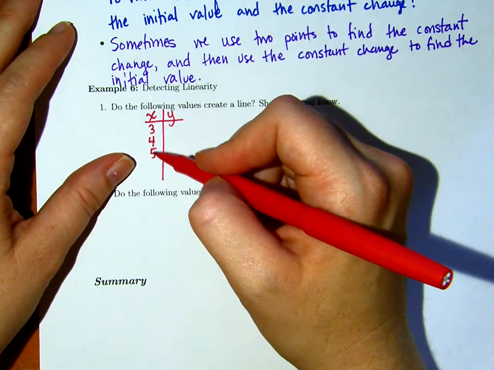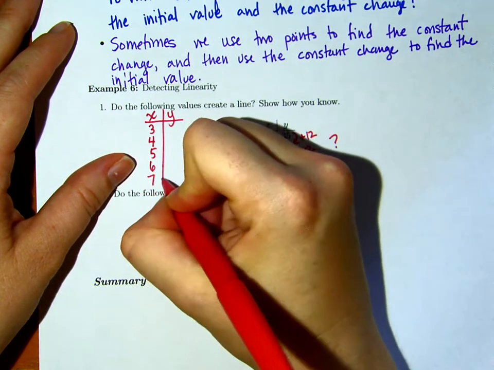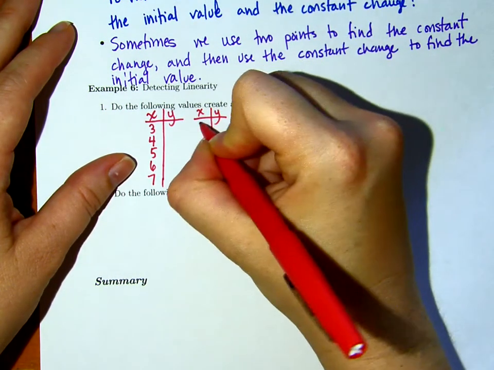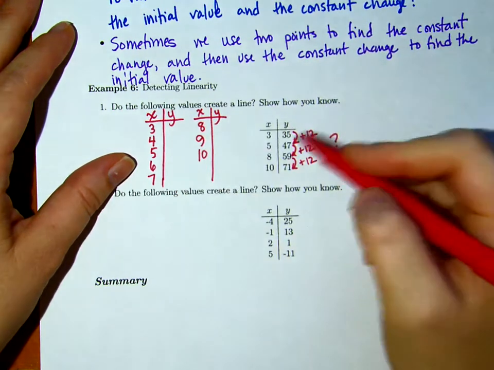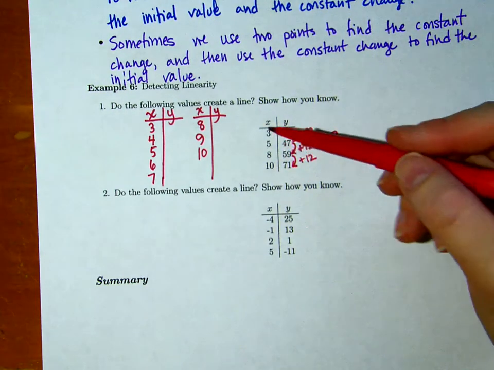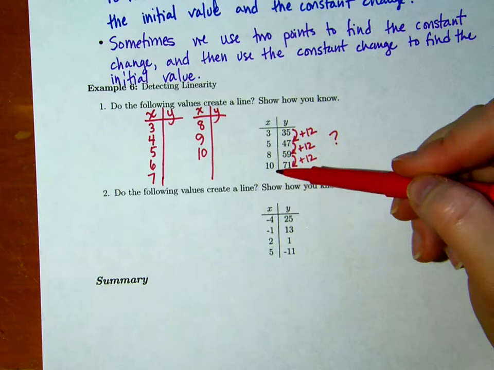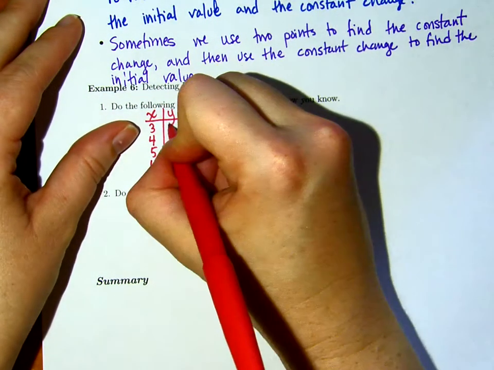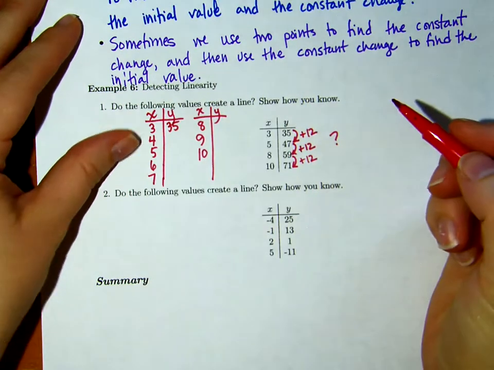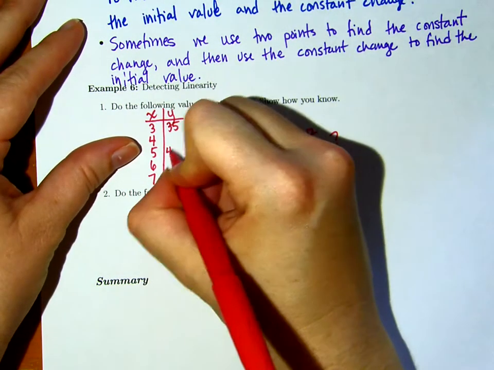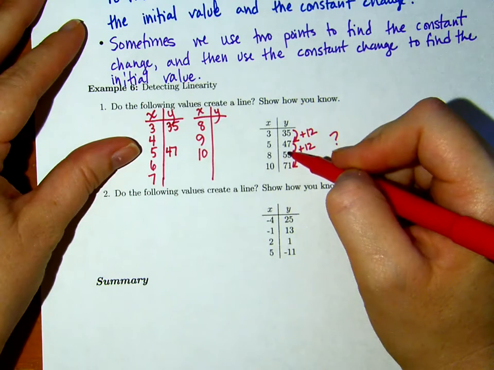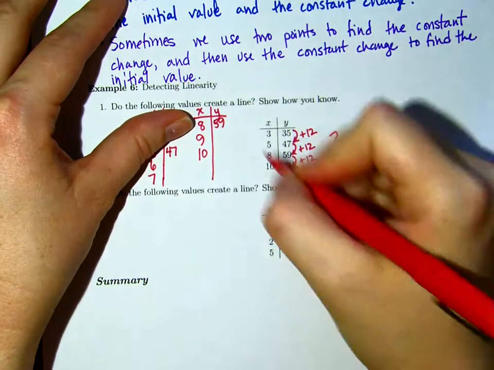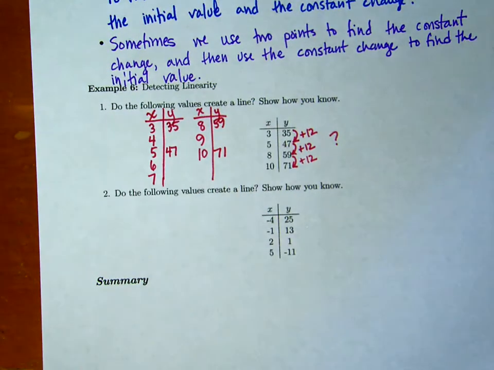So 3, 4, 5, 6, 7, 8, 9, 10. And I'm just doing that because I noticed that there are gaps here that they didn't put in. So they have a value of 35 corresponding to 3, a value of 47 corresponding to 5, a value of 59 corresponding to 8, and a value of 71 corresponding to 10.